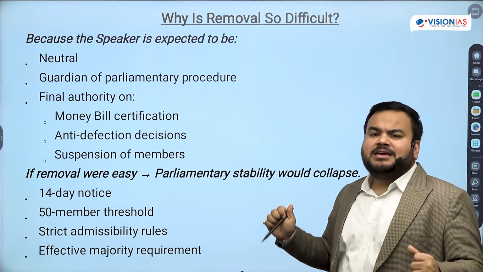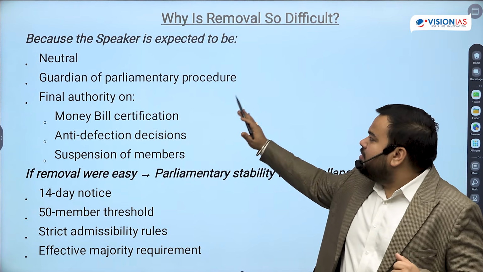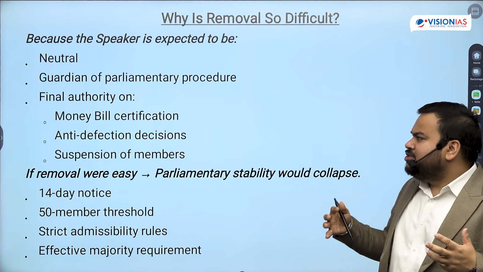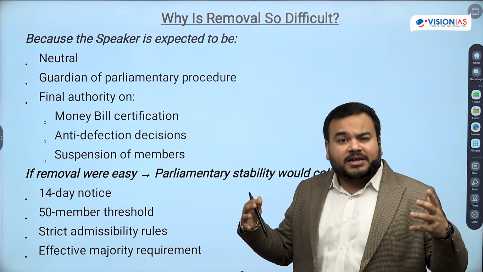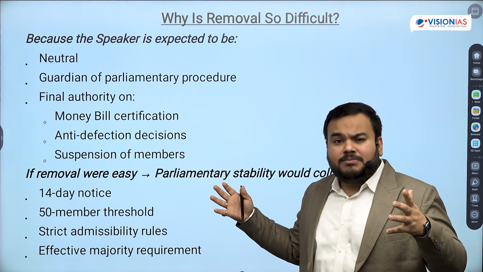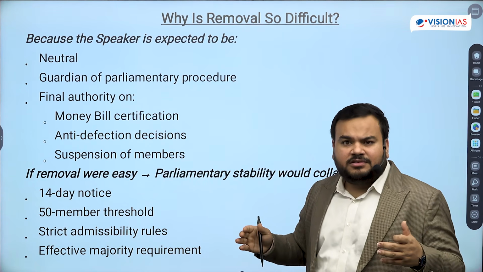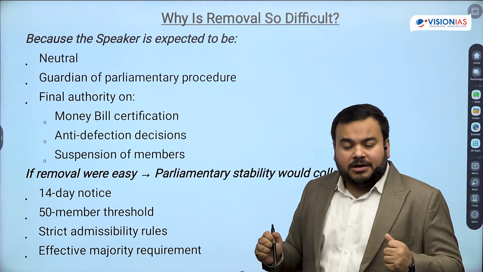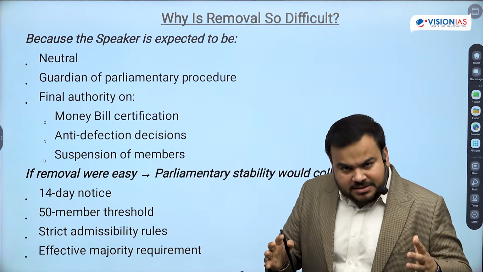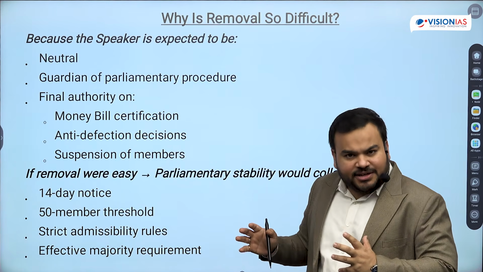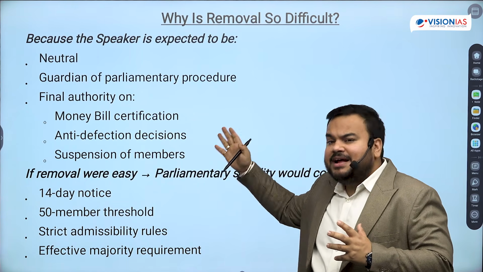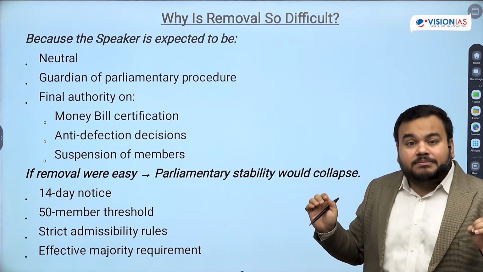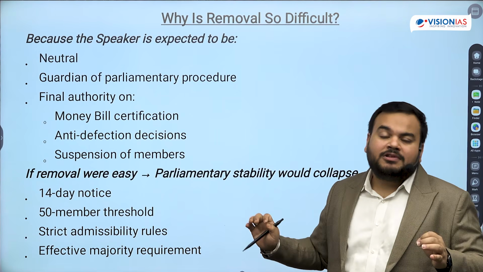He is regarded as the guardian of parliamentary procedure, because he takes up very important matters into consideration. He has the final authority on whether a bill is a money bill or not. In anti-defection cases, he is the one who decides. He has the power to suspend members in case of certain violations. That is where you can understand why the removal process is very tough, to ensure stability in the working of Parliament.